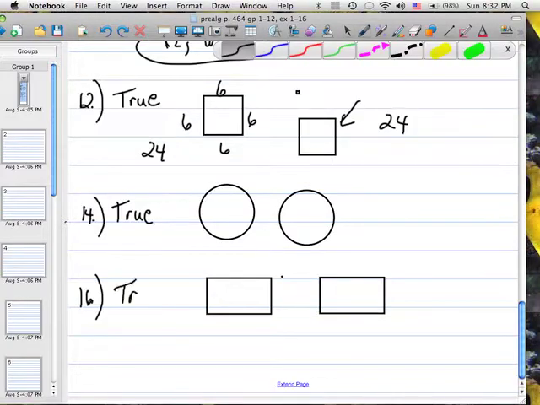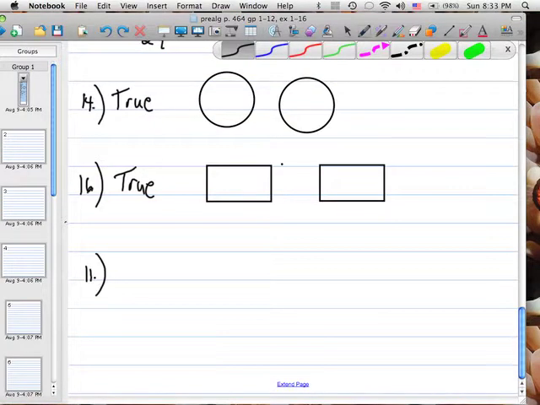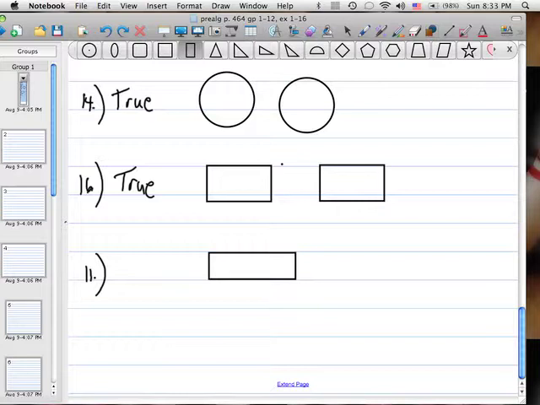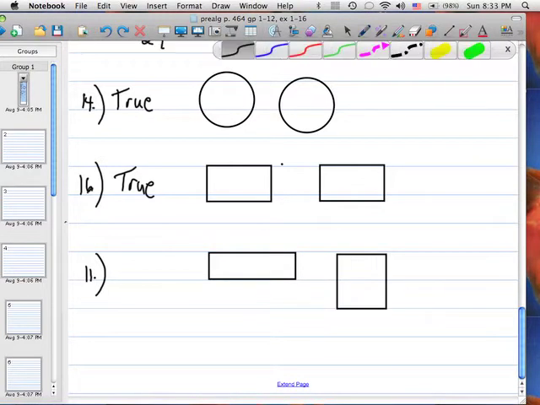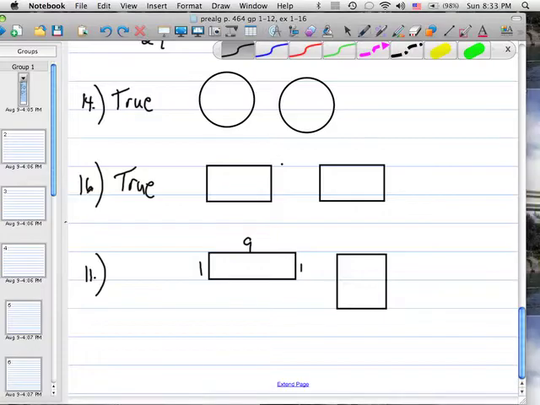I'm going to do one odd for you so that you can see what a counter example is like. Number 11, two rectangles are congruent if they have the same perimeter. Well, that would be false, because if I drew this rectangle and this rectangle, and I said the sides of this one were 1 and 9, that would be a perimeter of 20.